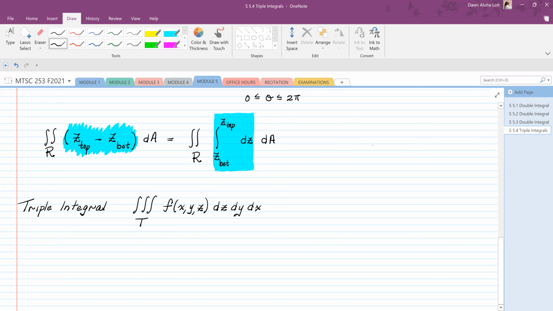It's the same way you derive the other one. You divide the block up into little pieces and then you shrink the little pieces, and the size goes to 0, n goes to infinity. You end up with a triple integral.